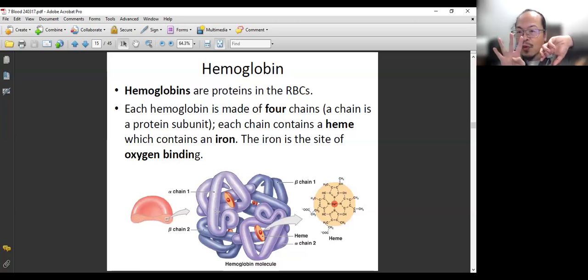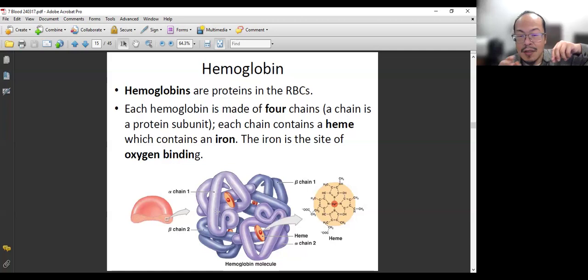Hemoglobin has 4 units, and each one is very similar. So we have 4 not exactly identical, but very similar units. Each one is a pocket. The amino acid polymer is folded to become a pocket. What do we do with this pocket? In this pocket, it holds one component.